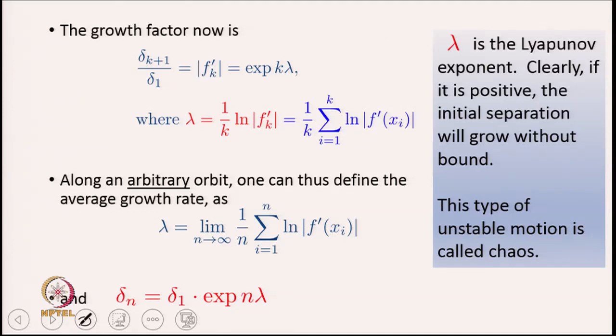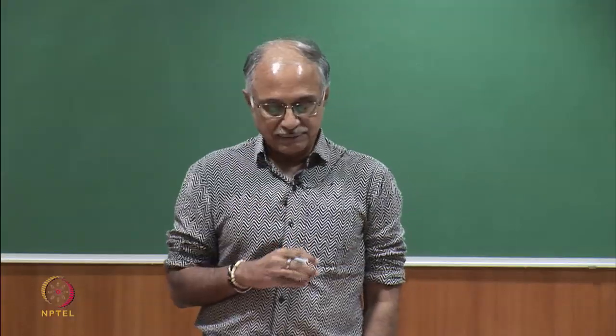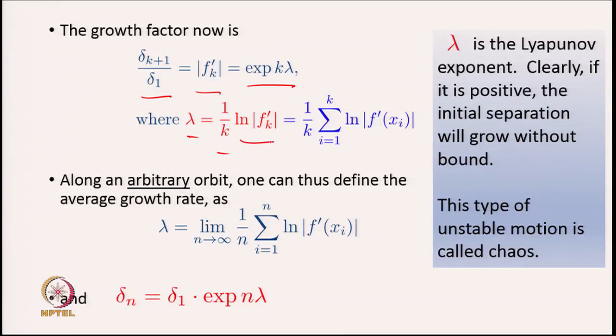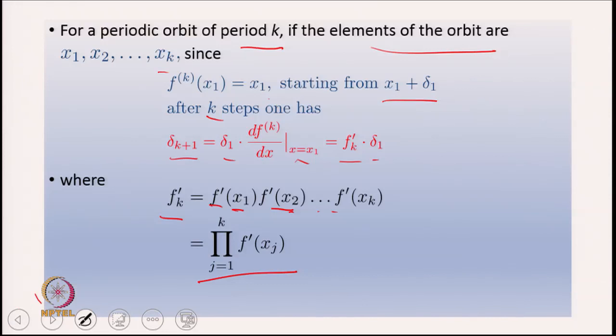Now, the growth factor after k steps is delta k plus 1 divided by delta 1, and this is given by the modulus of f prime of k, and I write this as exponential of k times lambda, where lambda now is 1 by k times the log of the modulus of f prime k, and I can notice that f prime k is a product of f primes.